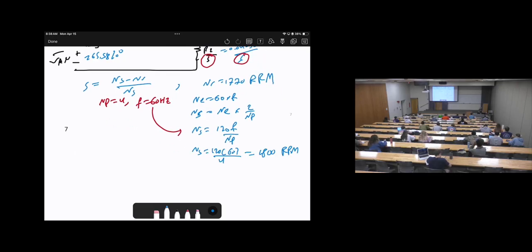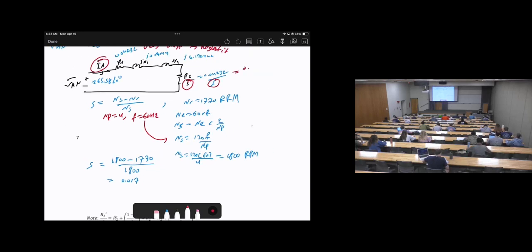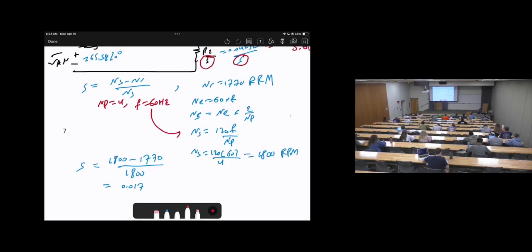Now I'm ready to calculate S, which is 1800 minus 1770 divided by 1800. So S will be 0.017. Then I can plug this in for S. Now I know S: 0.04232 divided by 0.017. Does this make sense?